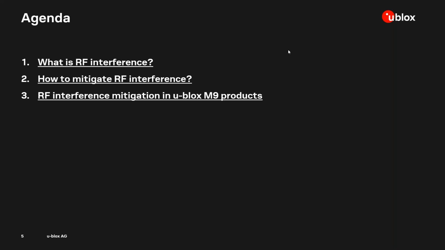But one thing we go into detail, and this is the third point of the agenda, will show how we can use the U-blox M9 products to find out about RF interference, and this will help you to then also mitigate RF interference. Okay, so let's get started with the next slide then.